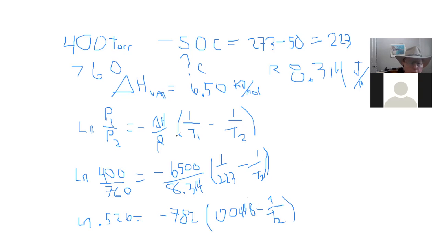Now you have to make sure you're not hitting the log button, that you're hitting the natural log button. So I got negative 0.626 is equal to, I'm going to have to multiply this by that, and that is a negative 350.